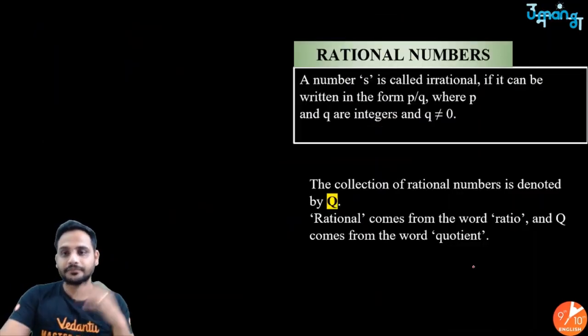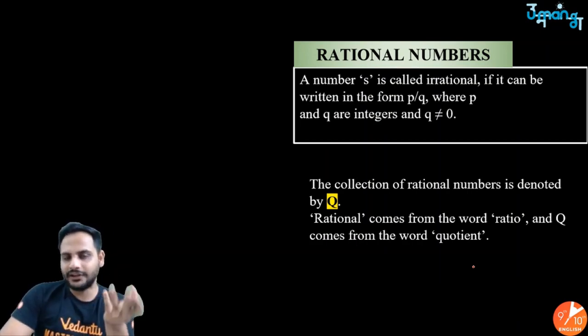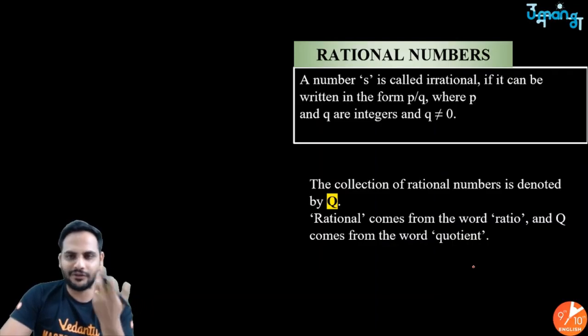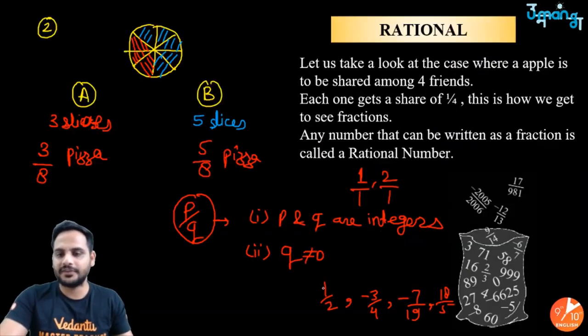Got it? So after that, there was one more thing. What if I cannot write a number in the form of P by Q? If I can represent a number in the form of P by Q, where P and Q are integers and Q is not equal to 0, it is rational.